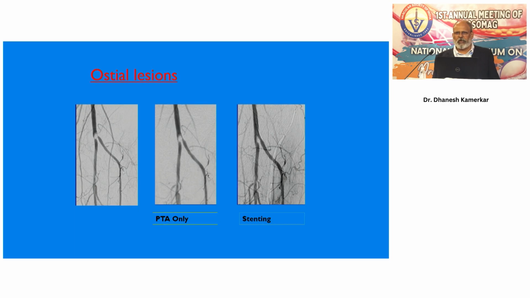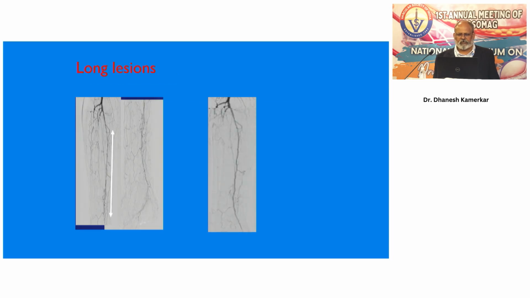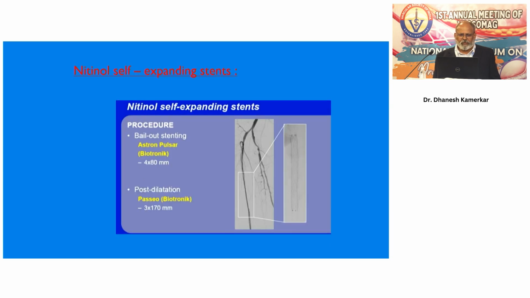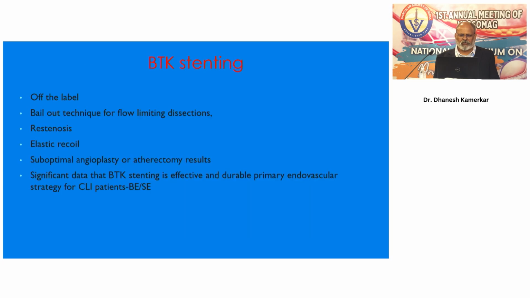And if there are ostial lesions involving tibials, whether to do only angioplasty or whether they need kissing stents. And if long lesions, what do we do? So these are some examples of self-expanding stents, which we do not have from biotraining.